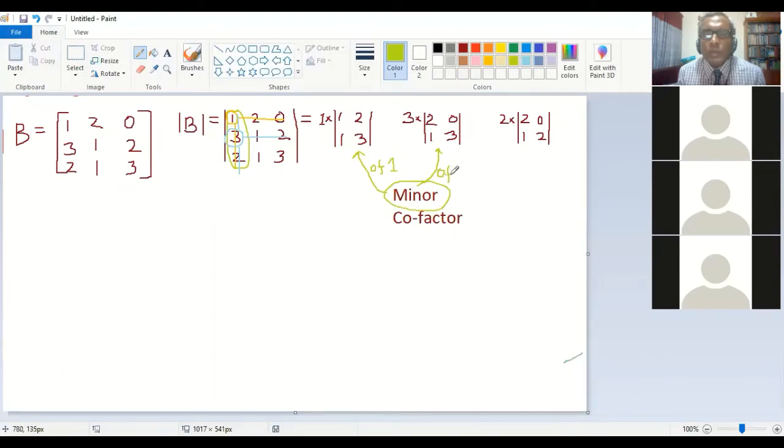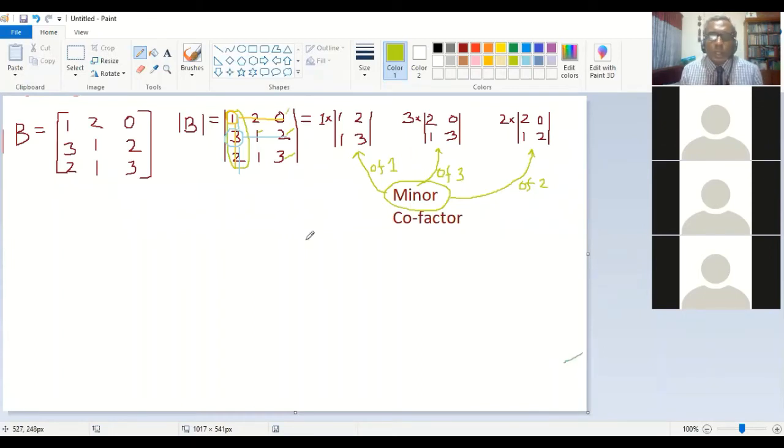When you say minor, the question will come: minor of which number? So the last one is also a minor, but it is minor of 2. Is that okay? In the same way you can find out minor of these 3, minor of 2, minor of 1, minor of 0, every minor possible.